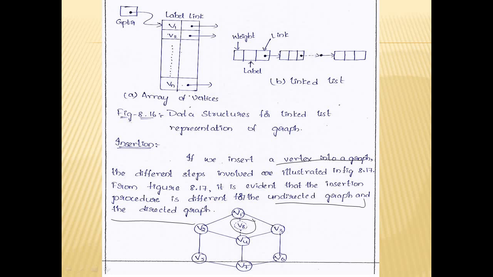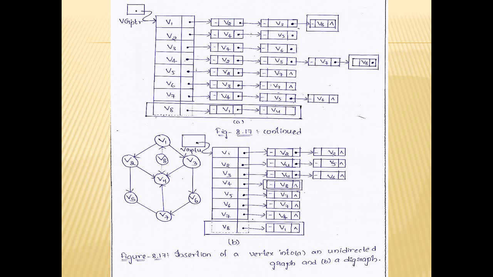So here I inserted. You can insert anywhere. Just we'll add it. But here I created two edges, V1 to V8 and V8 to V4. And whatever I got, the same will be represented in the linked list. So V1 is an adjacent vertex and V4 is an adjacent vertex. Okay.